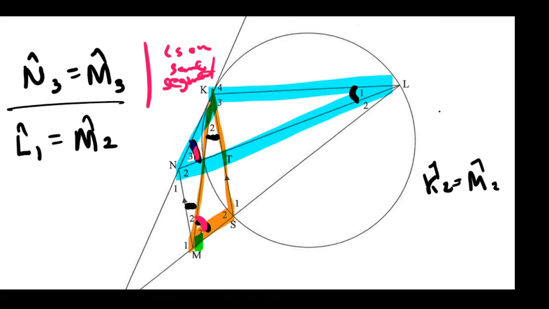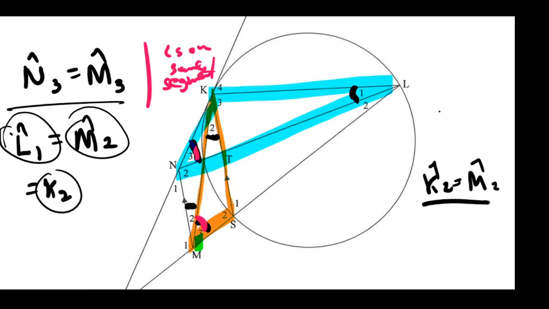So hence K2 is equal to M2, of which M2 is equal to L1. So this is also equal to that, because these two are equal. You can include the reason here as alternate angles equal.